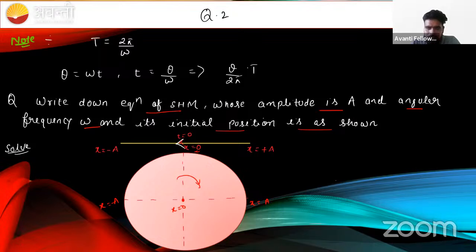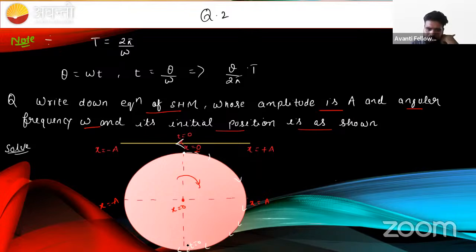And the particle is moving in the leftward direction. If the particle is moving in the clockwise direction, then the direction of motion of the particle is something like this.